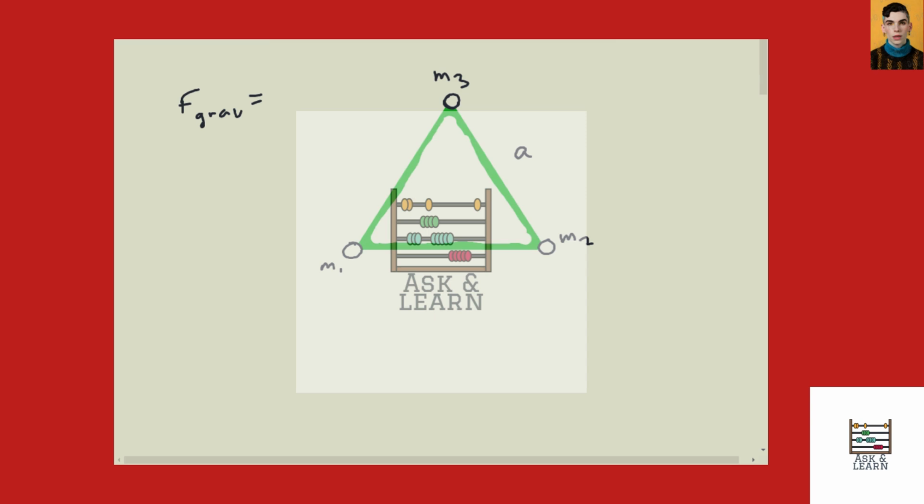Just to set up, the force of gravity in magnitude is going to be the product between the two masses, and all the masses are the same, so G m squared divided by the separation squared. But we'll also have to take into account force components, which come from the vector nature of forces.